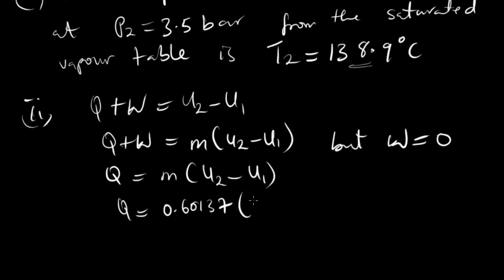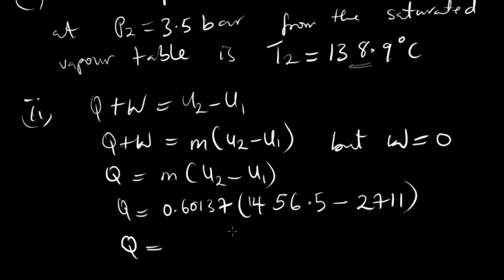So then U2, 1456.5 minus 2711. All these values are in the previous page. We just solve them.